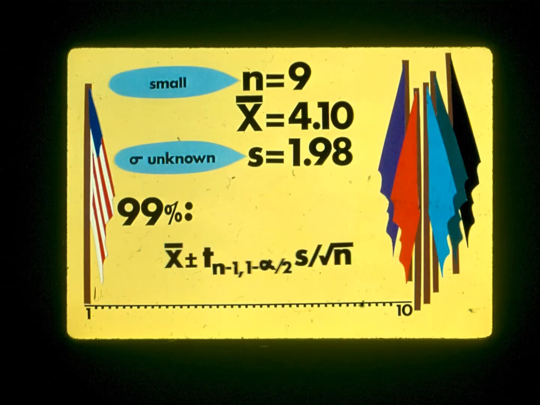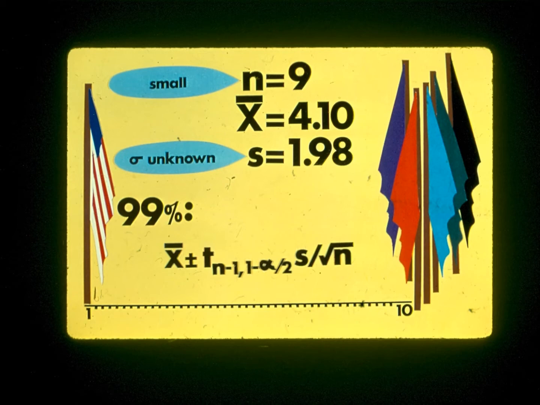To solve this problem, we first write again at the top the key information needed for obtaining the desired 99% confidence interval. Notice that the sample size n is 9, which is quite small and considerably less than 25. Notice also that no information is given about the population standard deviation sigma, so sigma is unknown.